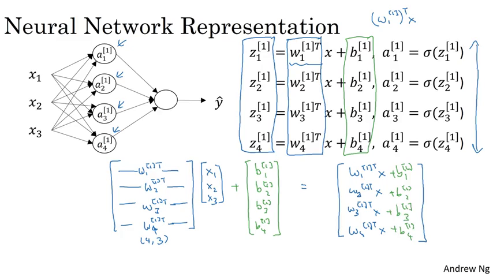And so you see that each of the four rows of this outcome corresponds exactly to each of these four quantities that we had above.